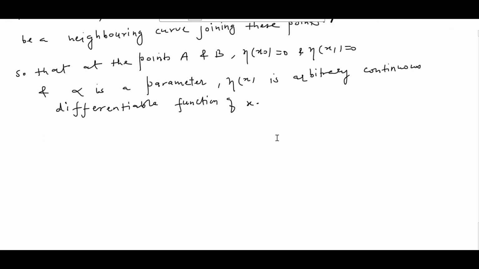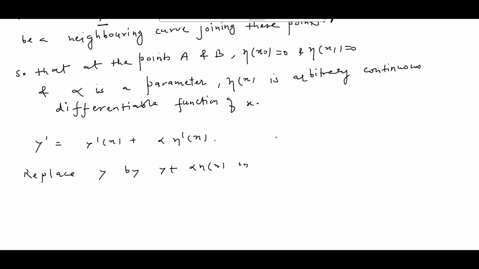So now further we need to differentiate this curve y with respect to x, it will give y dash of x plus alpha times eta dash of x, and replace y by y plus alpha times eta of x in the given functional.